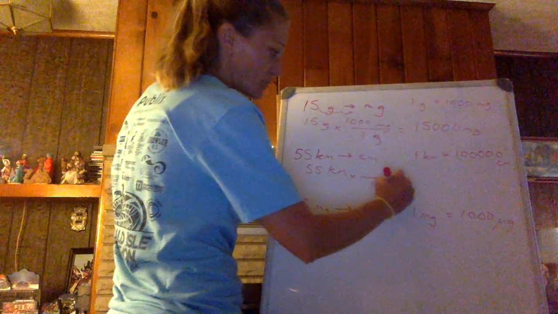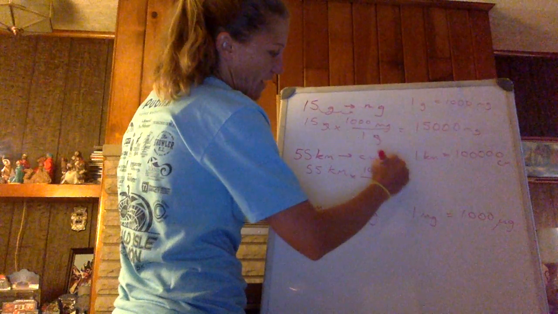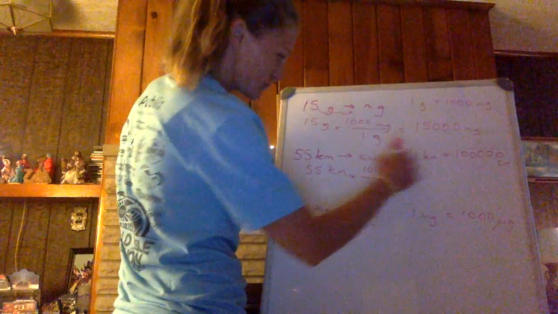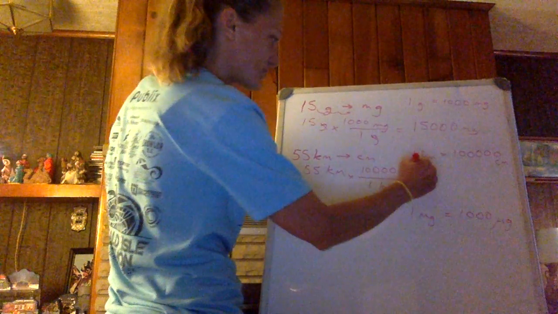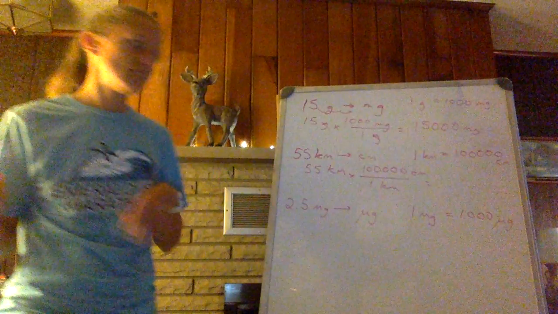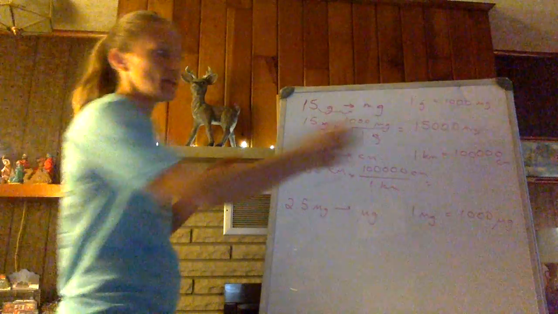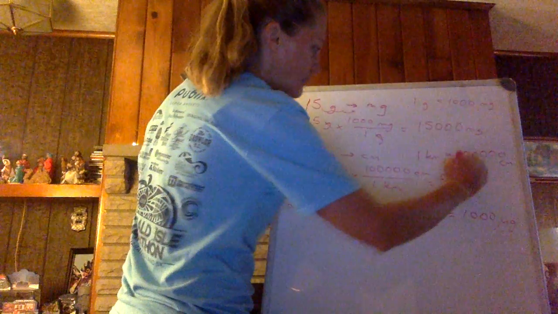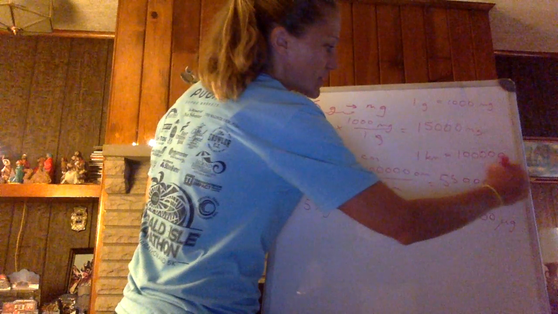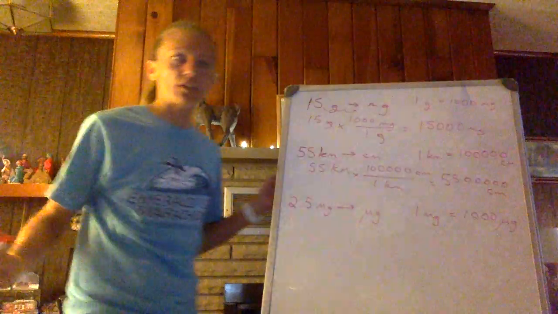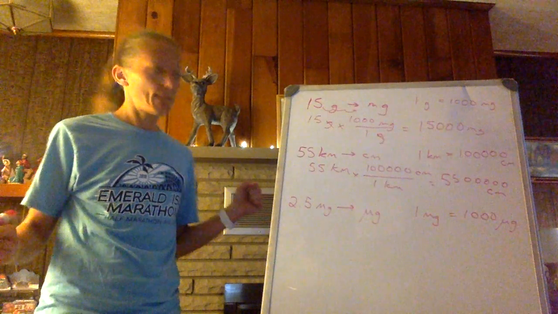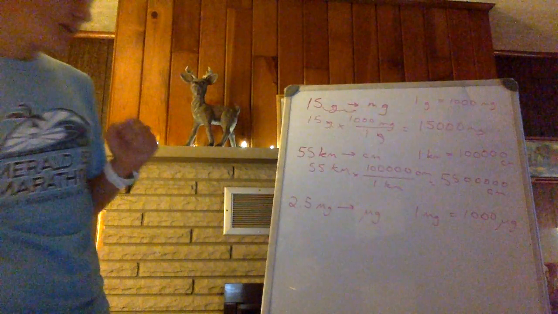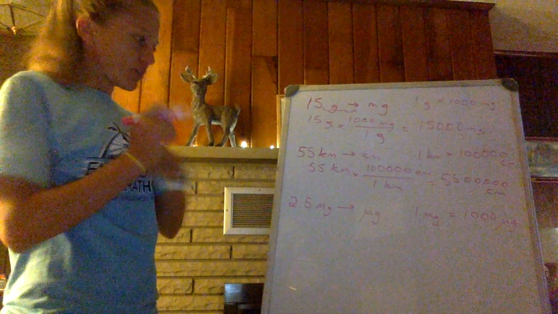In 1 kilometer I have the right number of zeros, 5 zeros, centimeters. It's going to be the same thing, knowing that big to little moves the decimal to the right: 55 followed by 5 zeros, centimeters. Good.